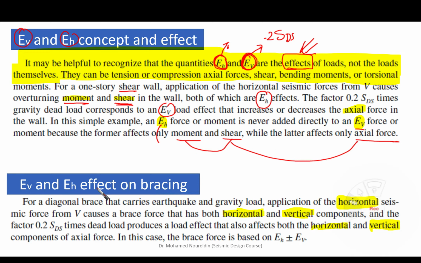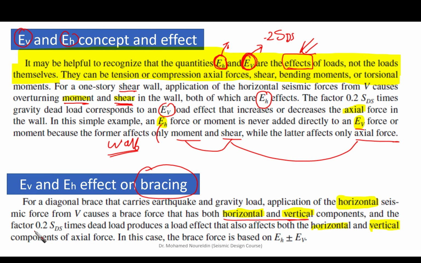But sometimes for bracing, for example, this was for the wall here, okay, the case for the wall. But here for bracing, you're going to find that for an individual brace, application of the horizontal seismic force from V causes a brace force that has both horizontal and vertical components.